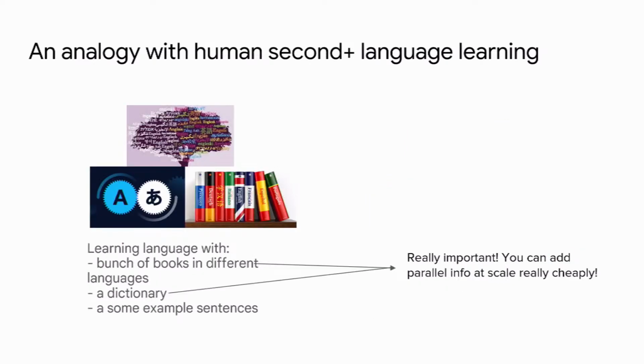So this is really important. The combination of a bunch of books in different languages, in this case the analogy to our large-scale pre-training data, and a dictionary, which is just this small list of aligned words in different languages, allows us to really scale this parallel signal. So we can take, say, a small set of aligned words with English and a given low resource language.